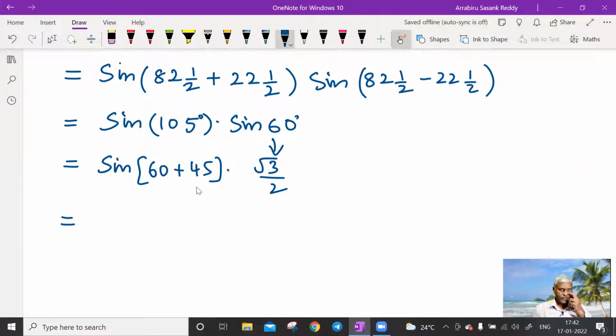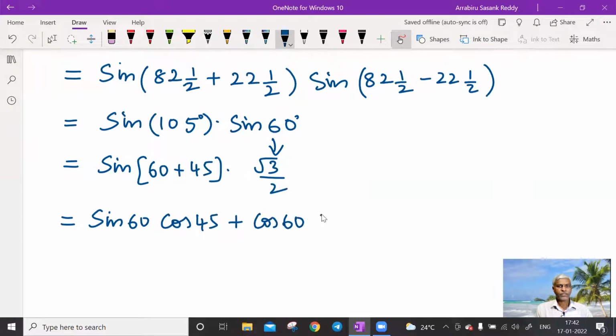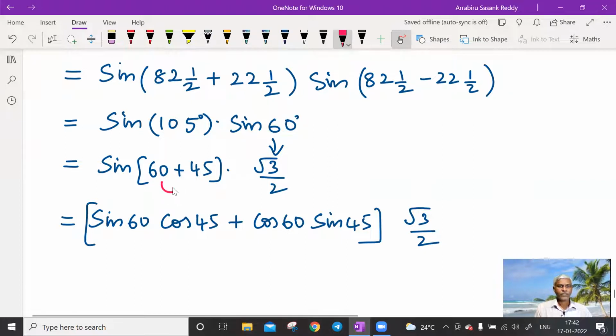Sin A plus B, expand this by using sin A cos B plus cos A into sin B, into √3 by 2.